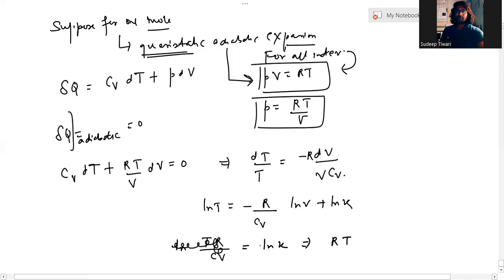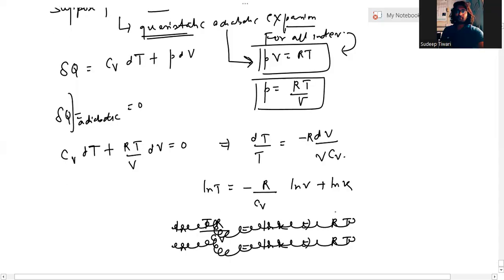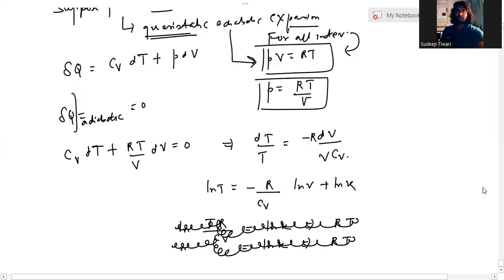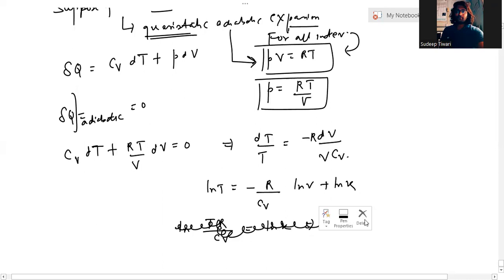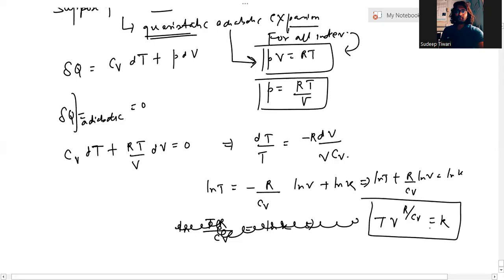It will be equal to what? ln T, and this will come here, so it will be plus R by Cv ln V is equal to ln K. So I can write T into V raised to power R by Cv is equal to constant.